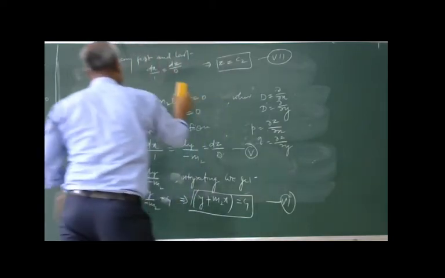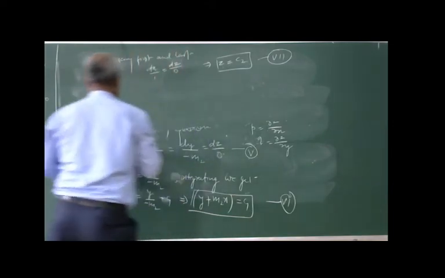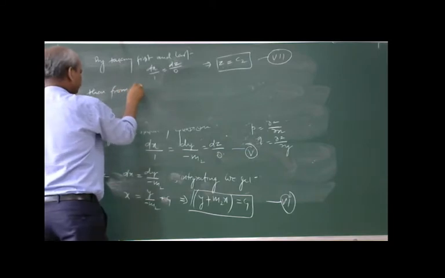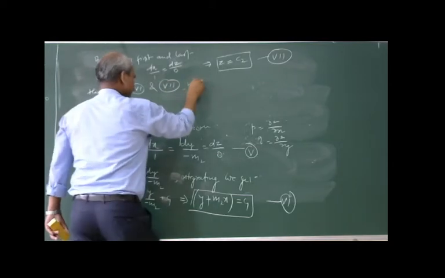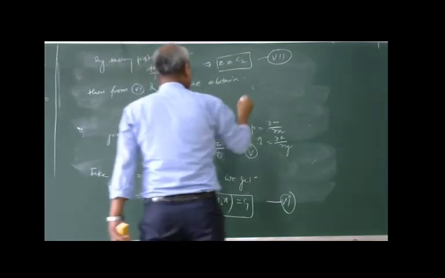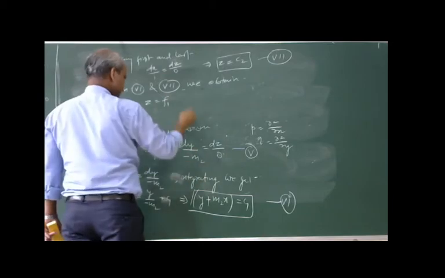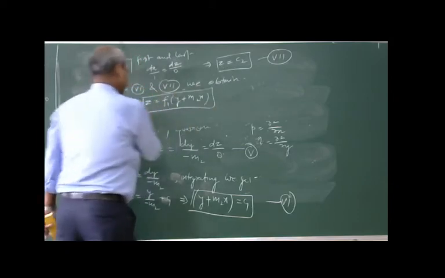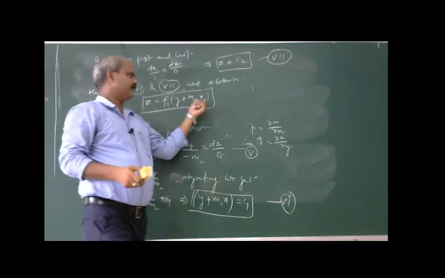So combining these two, 6 and 7, we obtain z equal to f1 of y plus m2x.